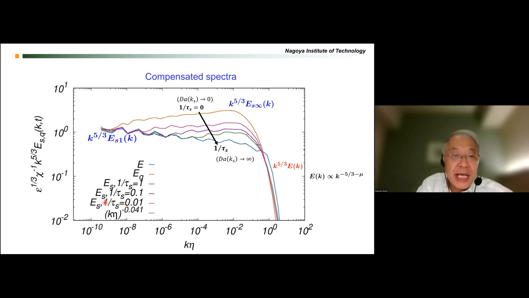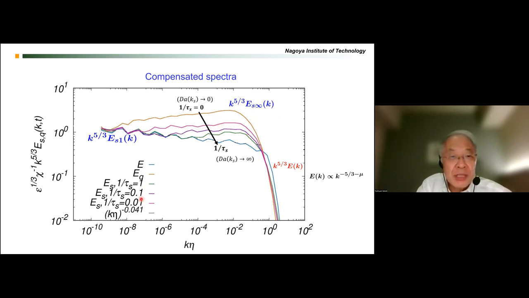Now we consider the case where 1 over tau s is 0.01. The curve goes this way, and at this wave number, the curves tend to leave this line and tend to be parallel with this passive scalar supersaturation case.